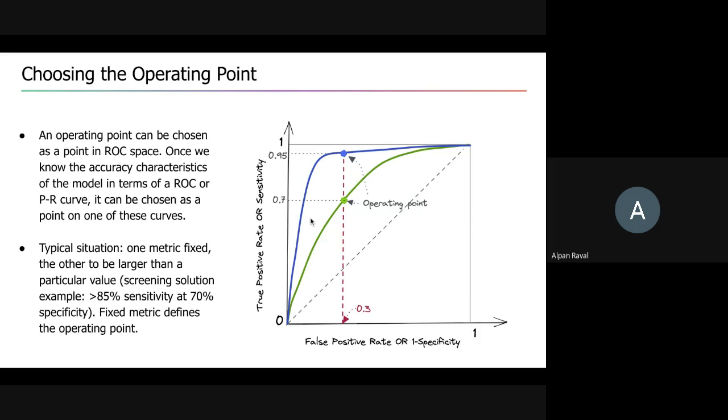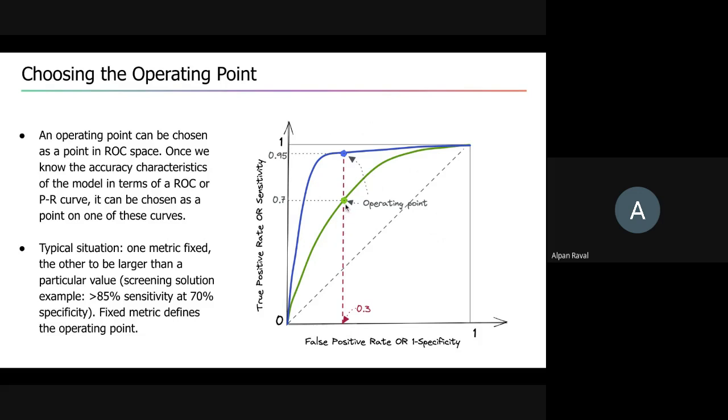Here I've shown you two different ROC curves, with true positive rate or sensitivity on the y-axis and one minus specificity on the x-axis. The two curves may correspond to two different models. Clearly, the blue model is better than the green model because it's above the green model and closer to the top left corner of the diagram. So the blue model is better in terms of sensitivity and specificity overall.